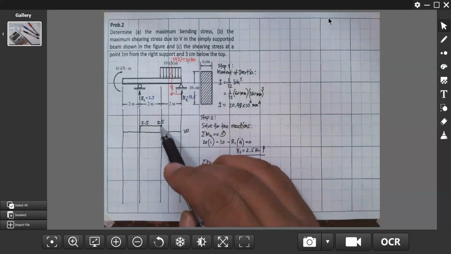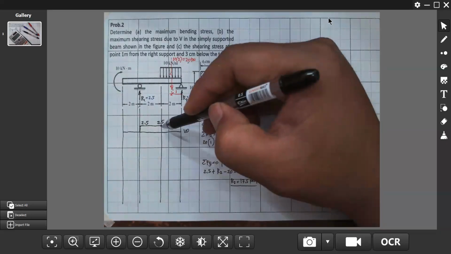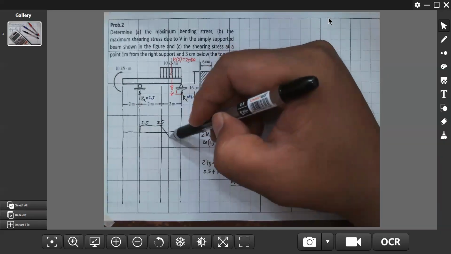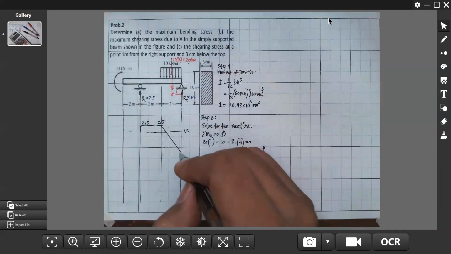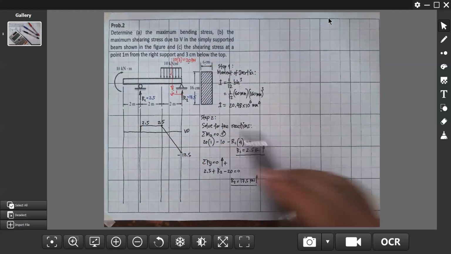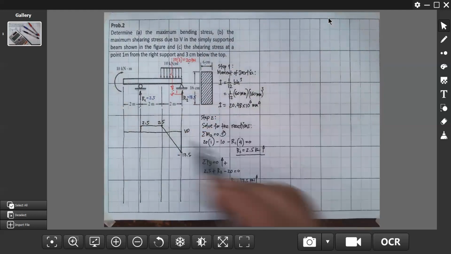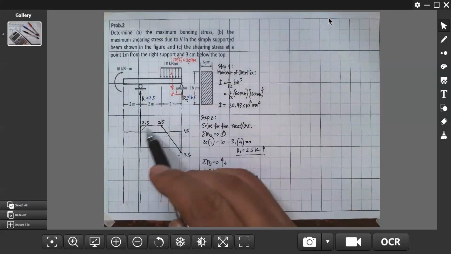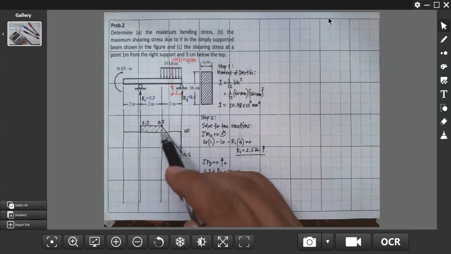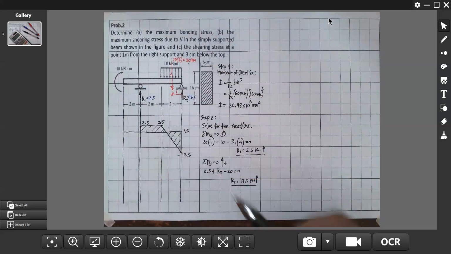So 2.5 minus 20, you have negative 17.5. And then you have this reaction upward, so it closes. This is your shear diagram.